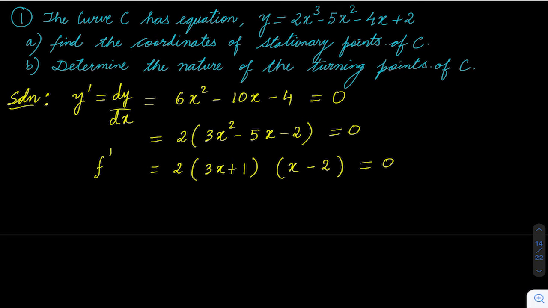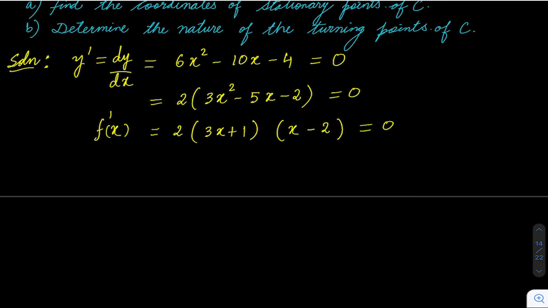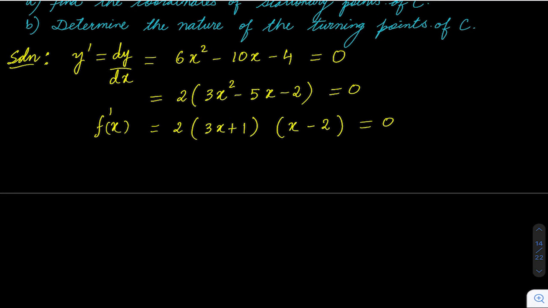This is nothing but my f dash x or dy by dx, same thing. Okay. Now let's find the stationary points. f dash x equal to 0 gives us x as minus 1 over 3 and x equal to 2.